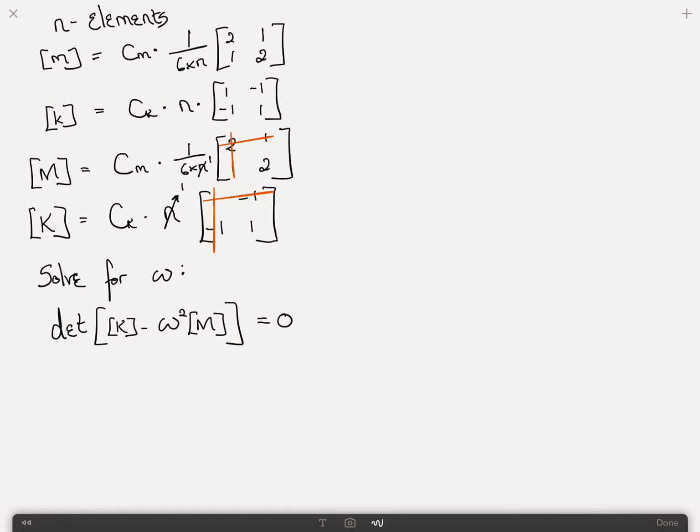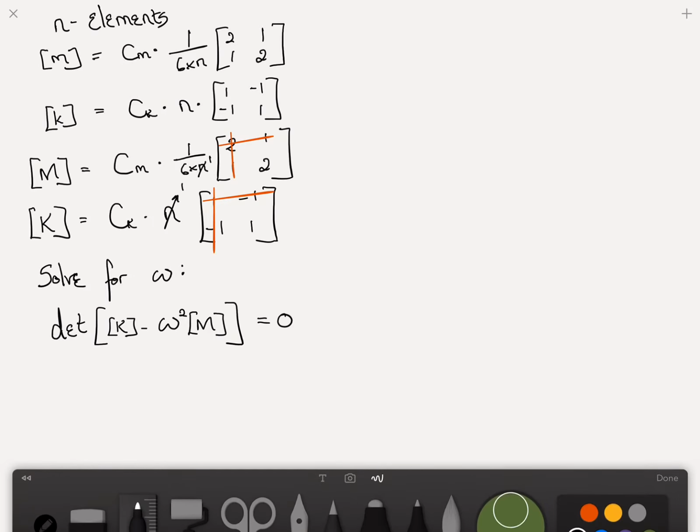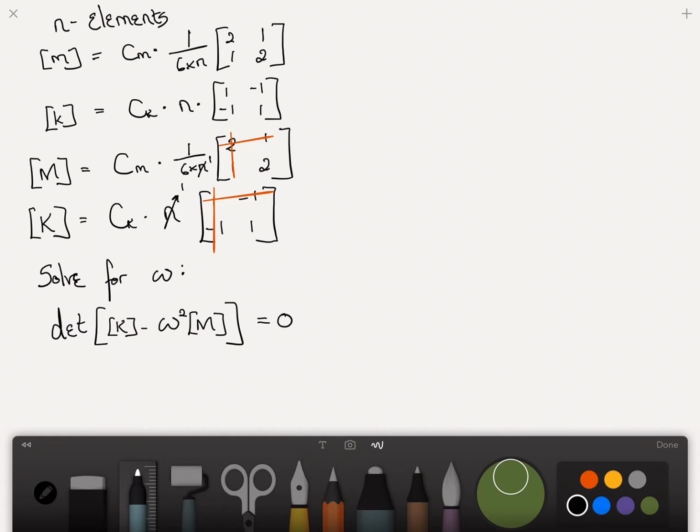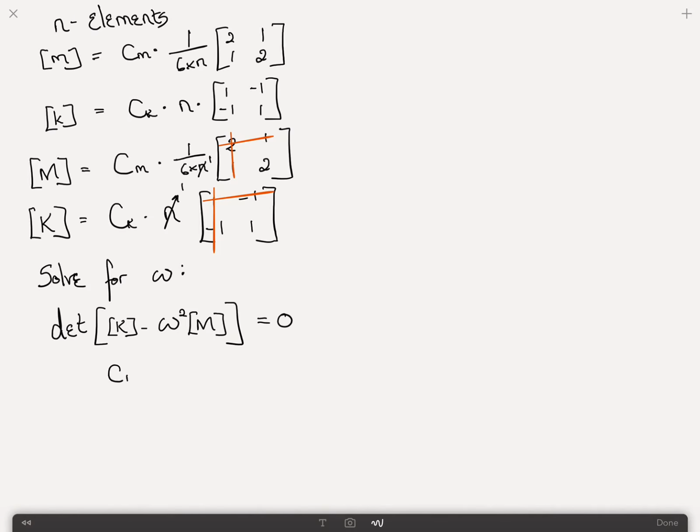So in this case, there's only one element. It makes it really easy to take the determinant. The determinant is just itself. So the determinant of the mass matrix is Cm times 2 divided by 6, excuse me. Let's skip a step. So minus omega squared.